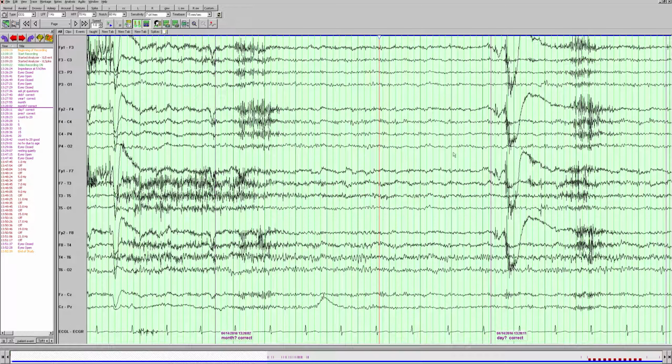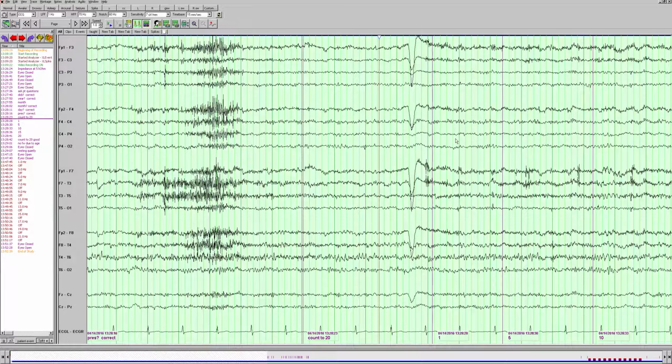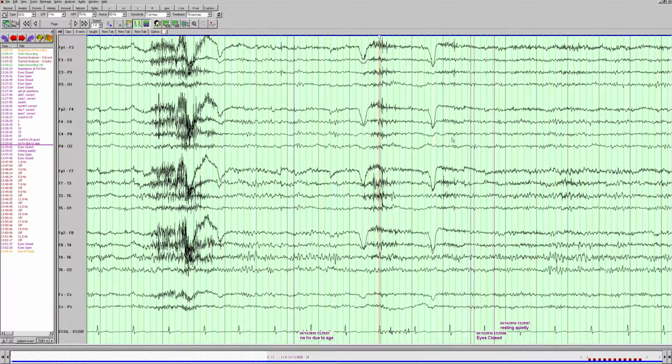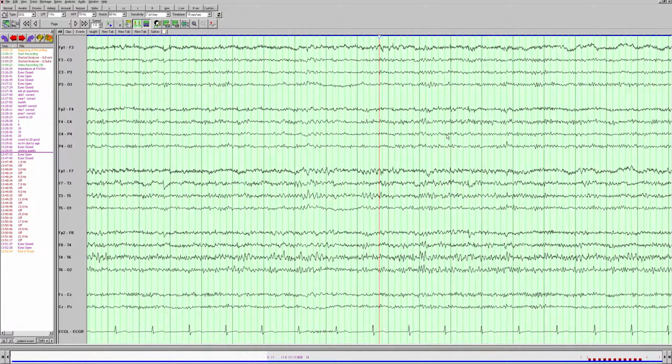Here it looks like she's drowsy. It looks very attenuated, and we're not seeing a good posterior dominant rhythm. When this happens, you just have to do your best and find a place where you can count.